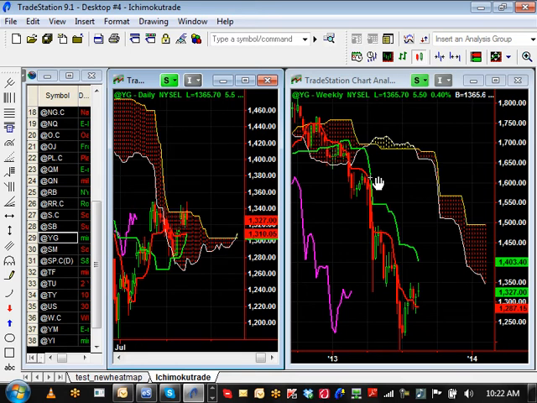It got to about 1345, 1340 roughly, which was a minor resistance level. And at that point, there's no high probability trade. It looks like it's trying to get to 1400. The question is when it's going to do that. But it looks like it's got to sit there and consolidate a little before it could get there. Or if it's very strong, it's going to get to the 1400 level very, very fast. So it'll be interesting to see what happens in the next couple of weeks with this.